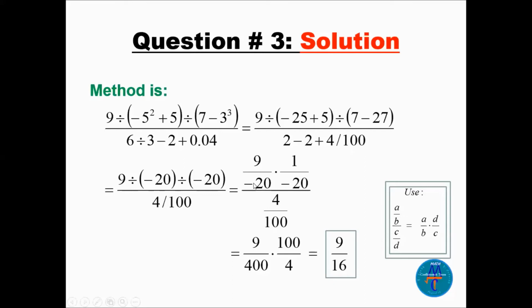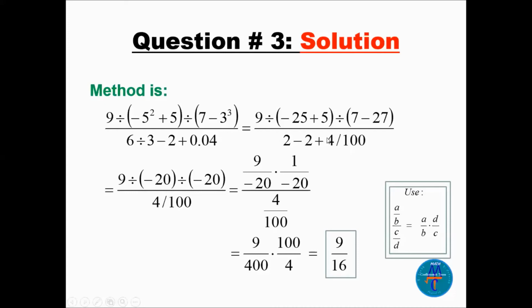That's the first one. And then this divided by minus 20, I convert that division into multiplication by the reciprocal. See the reciprocal here, 1 over minus 20. Oh, I forgot to mention this, but this is so easy. 6 divided by 3, 2, 2 minus 2, 0.